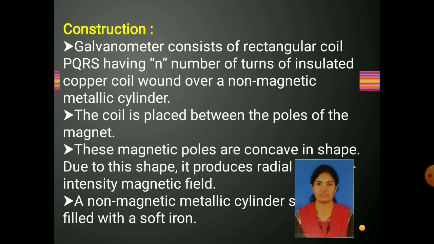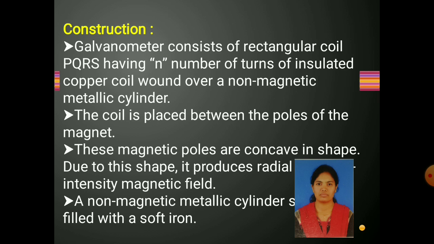Here we can see the galvanometer consists of a rectangular coil PQRS. It is a rectangular coil which has n number of turns of insulated copper wire, wound over a non-magnetic metallic cylinder.